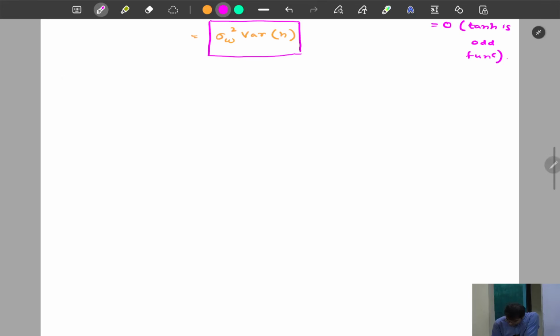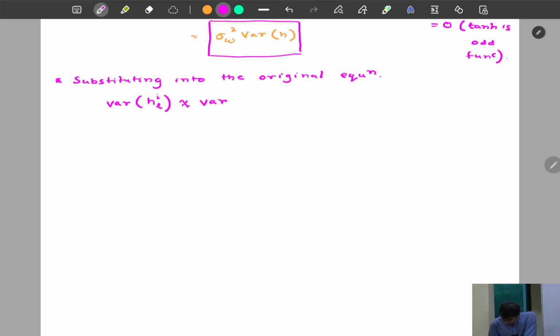So substituting into the original equation, what we get is as follows: variance of H_{L,i}, which is approximately equal to variance of Z_{L,i}, which is equal to summation over j sigma w square variance of H_{L-1,j}.